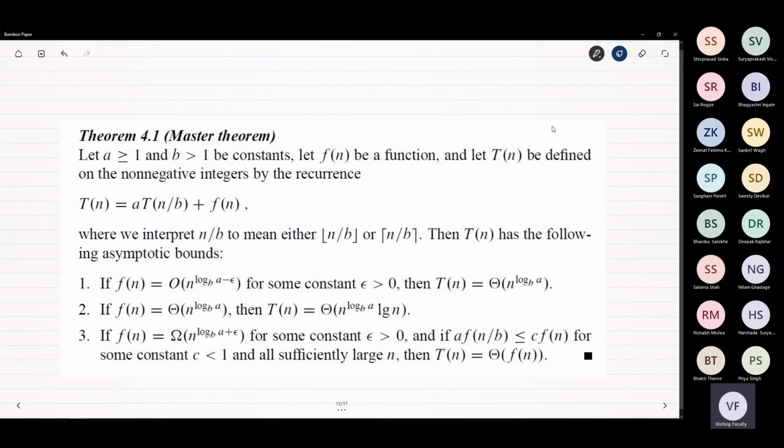Log a to the base b is equal to 3. Which case will apply? Is f(n) less than n³, or greater than n³, or equal to n³? What is it?